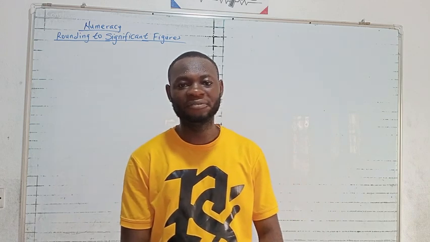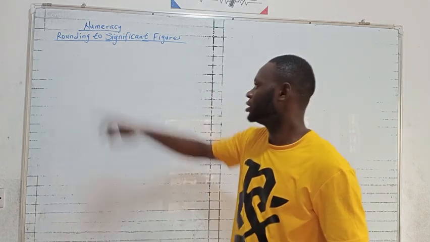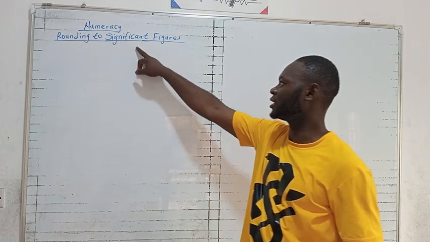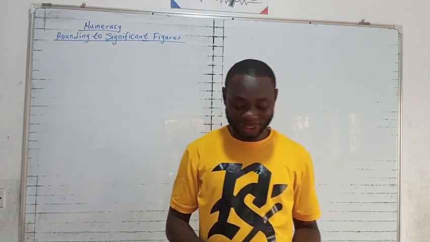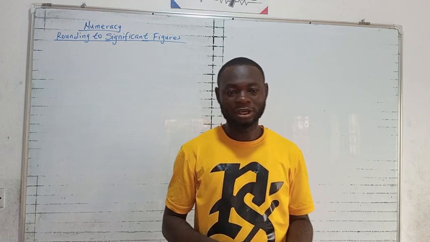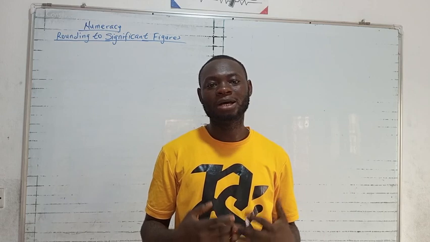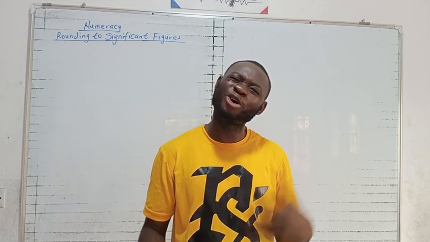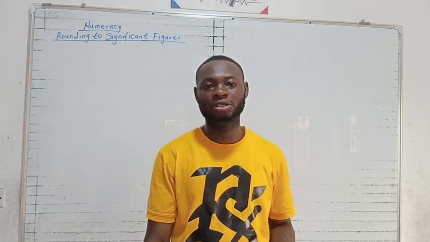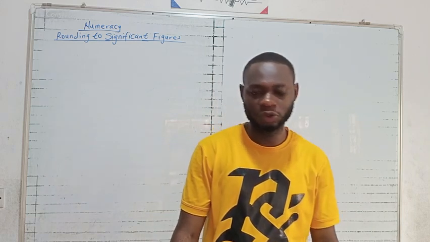Today, we are on the final phase of approximation and estimation of numbers, and that is rounding to significant figures. It's not that some digits in the number system are not significant, but some are really termed significant figures, while one particular digit is not always referred to as a significant figure, depending on its position in the place value system.